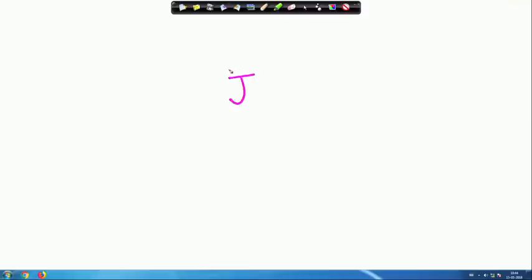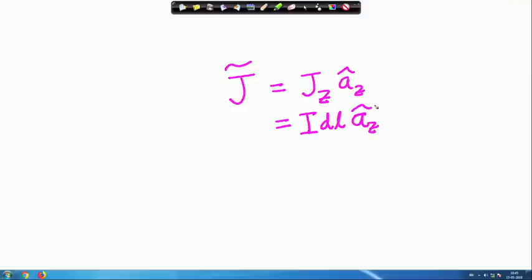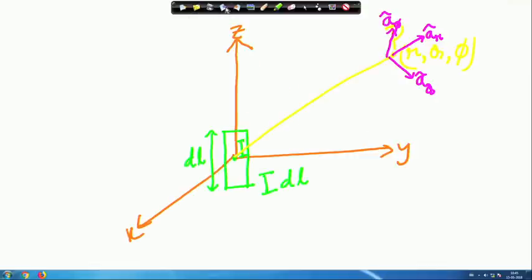Now we can say what the current density will be: Jz times az. If you see this source distribution, it is definitely spherically symmetric, because the source does not have any theta or phi variation.